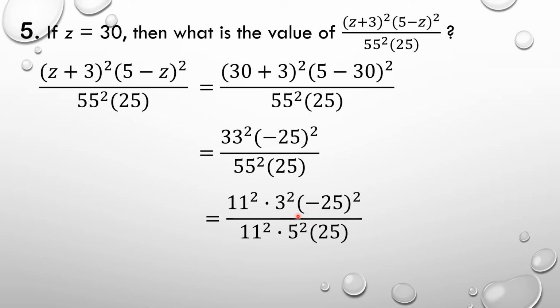Then negative 25 squared is equal to 625. Also, 5 squared times 25 is equal to 625. That can be cancelled. So our final answer is 3 squared over 1, equal to 9. That is letter C.